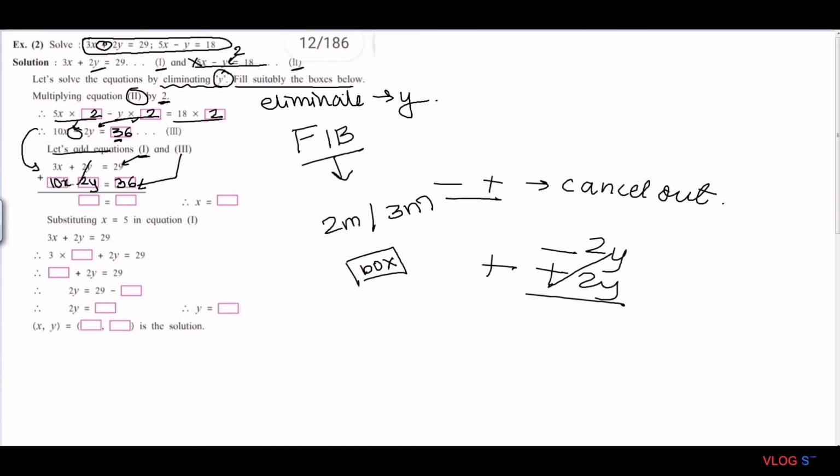Now 10x plus 3x will become 13x. So we have to write it in the first box. When we add 10x plus 3x it will become 13x.